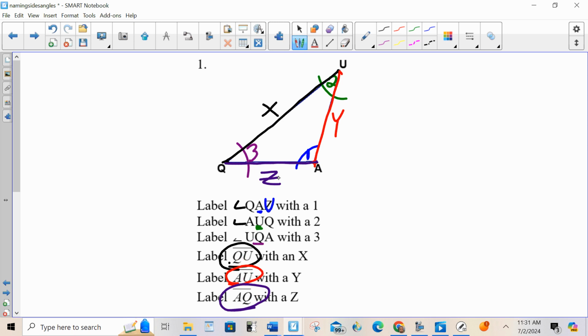For sides, I think it's easier. You just label the letter in the middle of the segment on the outside. The trickier part is the angles, but it's not tricky if you understand that the middle letter is the vertex. So A is angle 1, U is angle 2, and Q is angle 3.